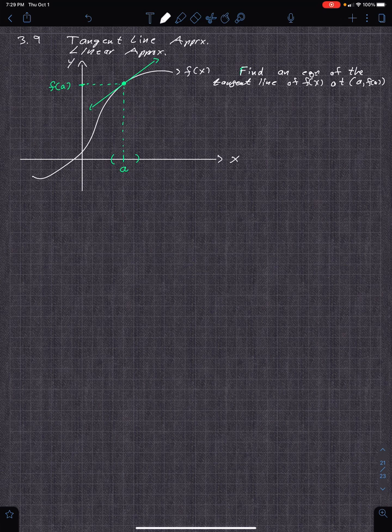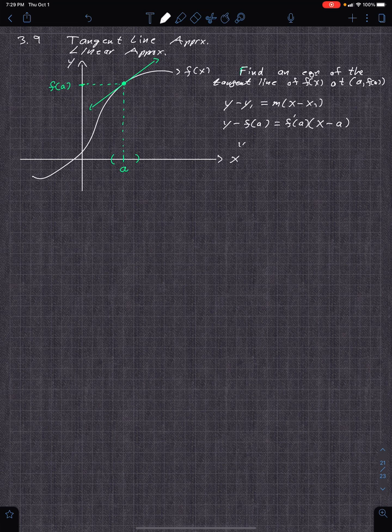So if we use the point-slope form, y minus y1 equals m times x minus x1, instead of y, that's at a, that's f of a, and the slope of that line at a point, you know, is f prime of a, times x minus a.